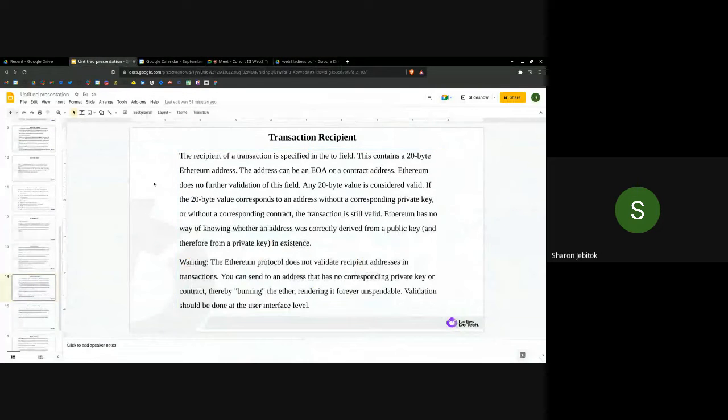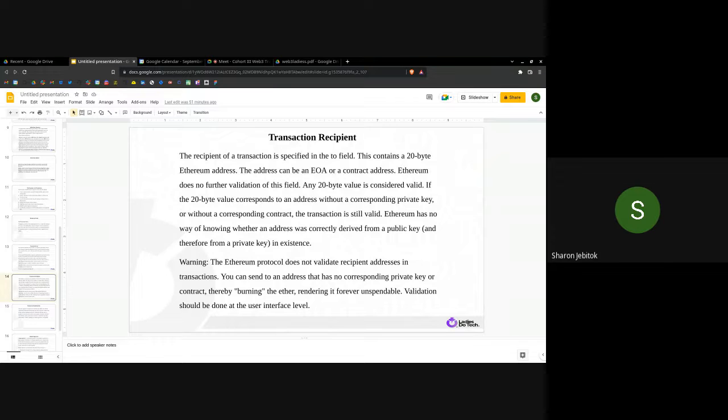So you are seeing the transaction recipient, and these are still the fields of transactions, the things that appear when a transaction has occurred. These are the fields that the user will be able to see, and part of them is the transaction recipient.